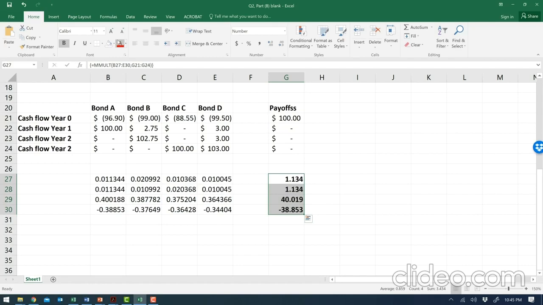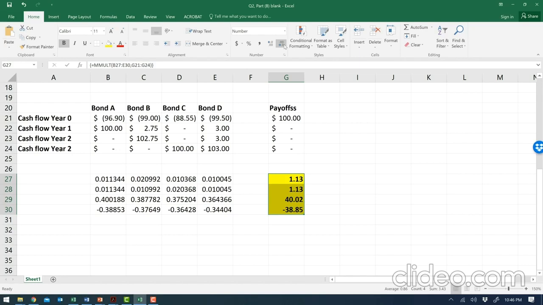And so this is the answer. I'm going to highlight it in yellow, and you will see that this is exactly the numbers that we had before when we were solving this system of equations by hand. So again, we're taking long positions in bonds A, B, and C, and we are shorting, we're selling bond D. So this is how you solve the system of equations in Excel.